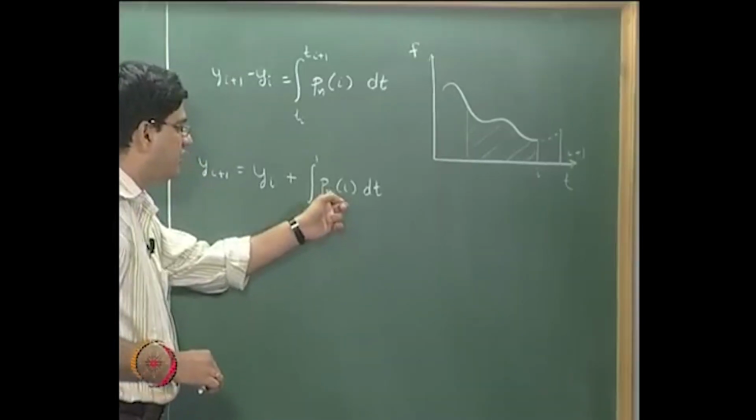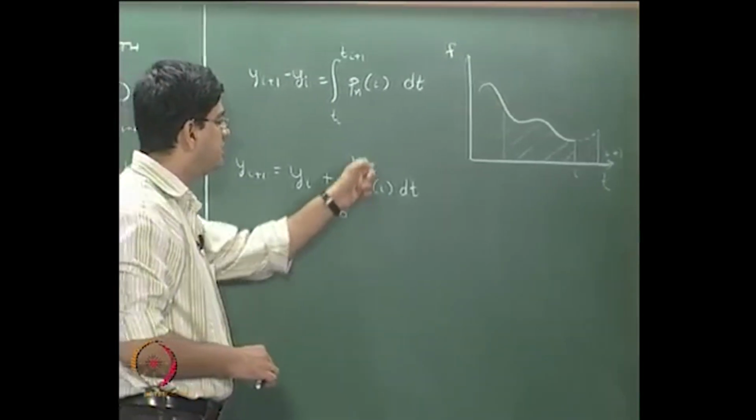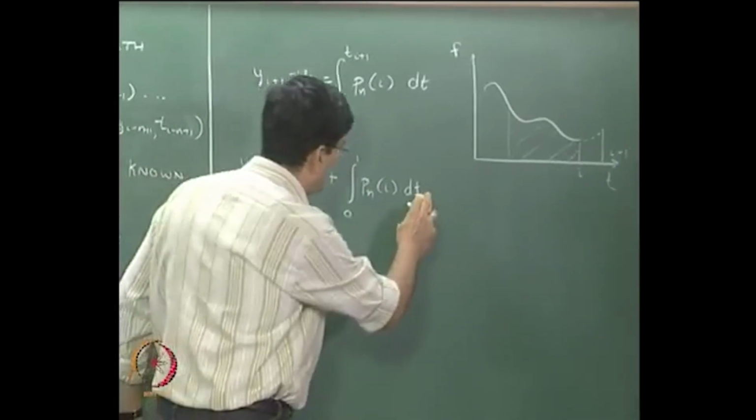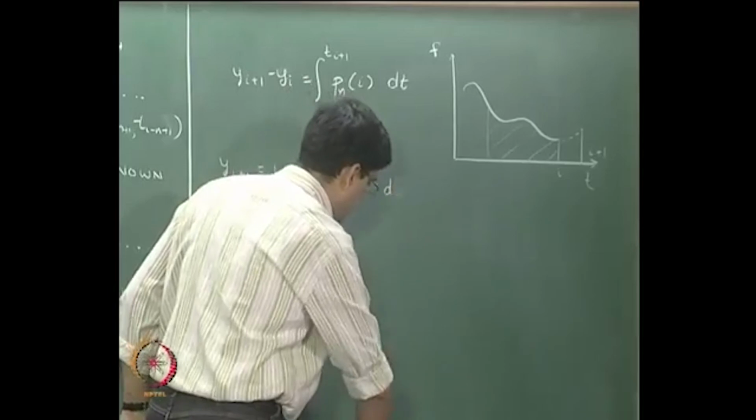No matter what value of n we choose, the limits of integration are going to remain from 0 to 1. I am sorry, this should not be t, it should actually be alpha.